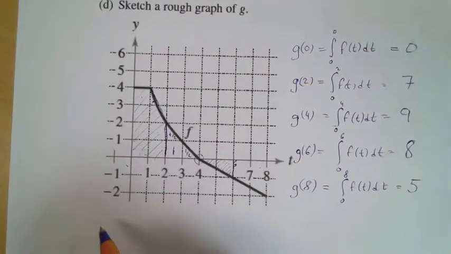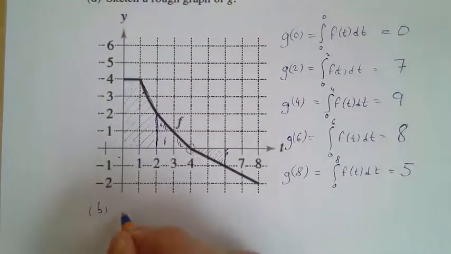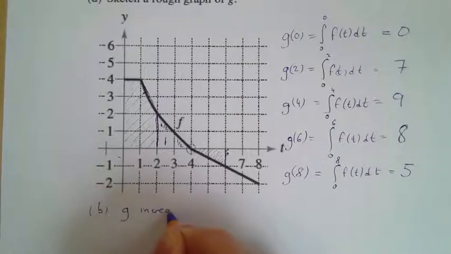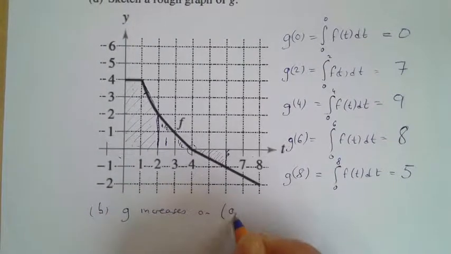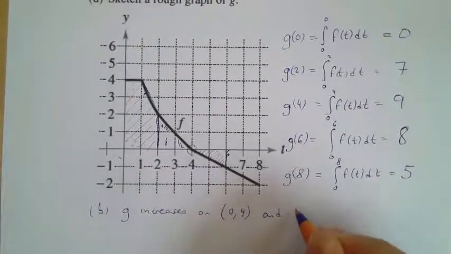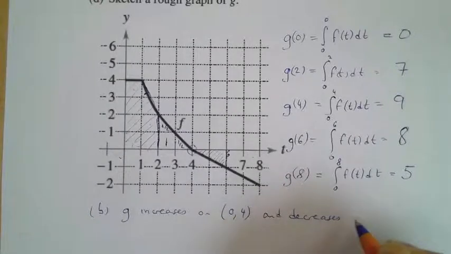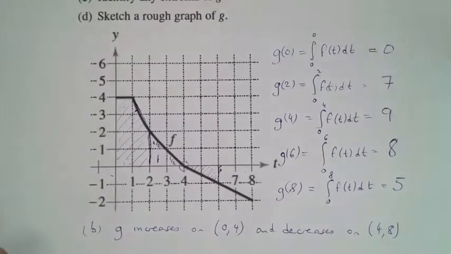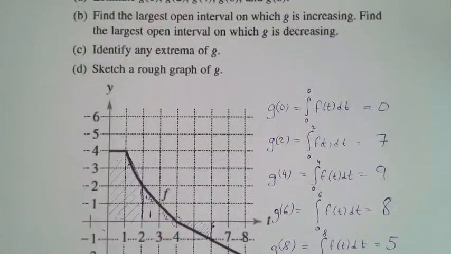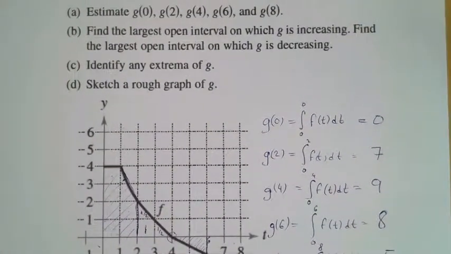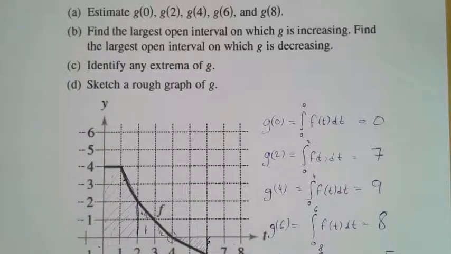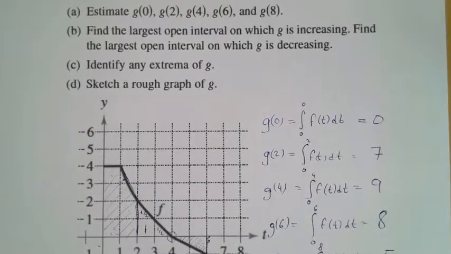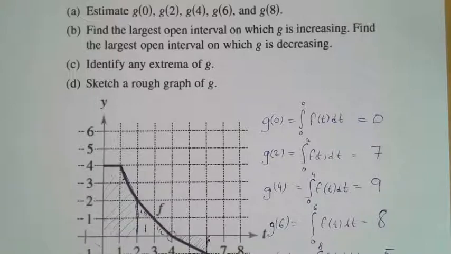So let's write a sentence for B. g increases on (0, 4) and decreases on (4, 8). There are only 2 intervals, so each is automatically the largest.